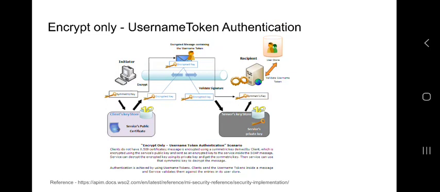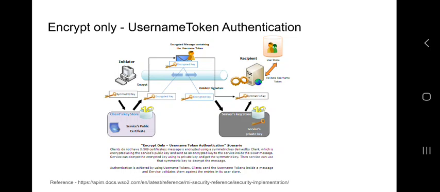Then the encrypt only scenario with username token. Now this scenario, again, is for anonymous clients, that means the client does not have an X509 certificate. The message is then encrypted. The original message is encrypted using, now this is an encrypt only scenario, not sign and encrypt.